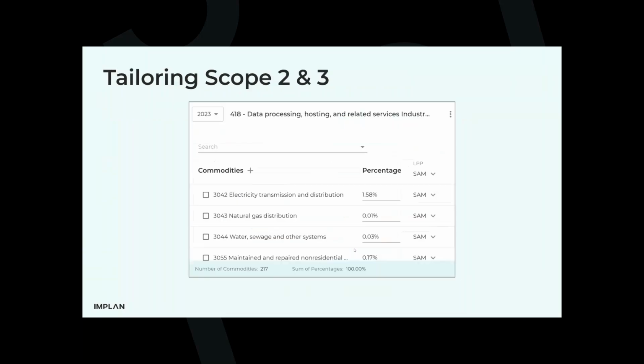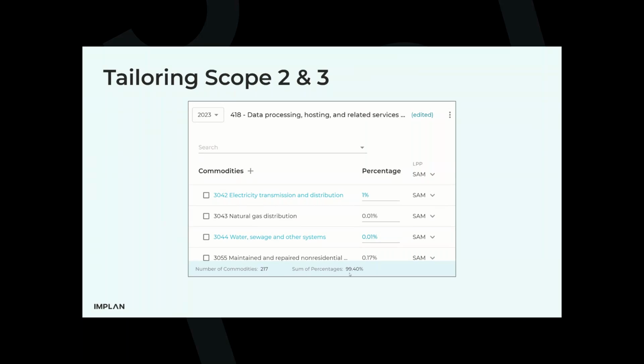So here's what you would see once you click spending patterns. We'll see that 1.58% of input purchases is going towards electricity transmission and distribution. And we see that 0.03% going to water, sewage, and other systems. So from here, I'll edit those to 1% and 0.01%.